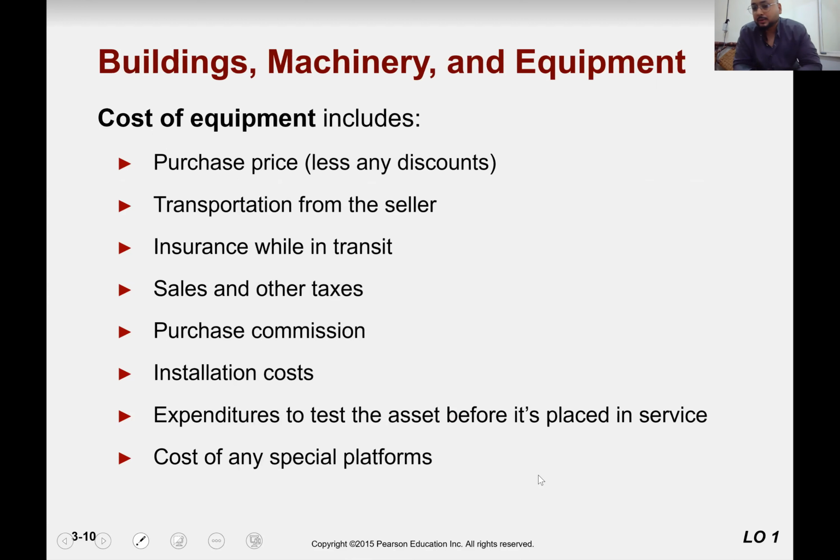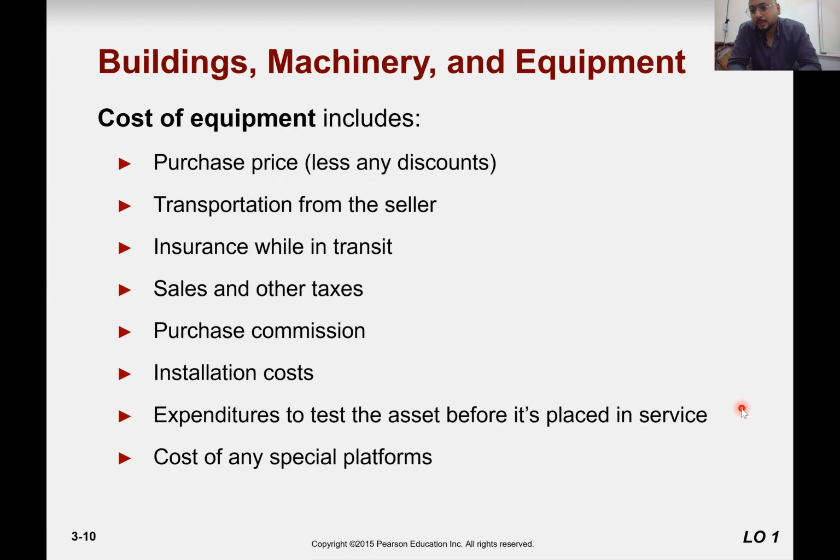Now equipment cost: any kind of discount, freight charges, insurance, commission, installation cost, expenditure to test the asset before it's placed in service. Any kind of payments that you pay before the first-time running of the equipment, we call this cost of equipment.